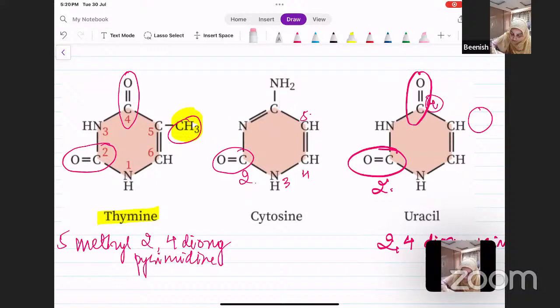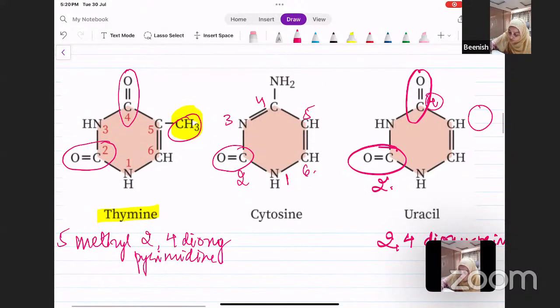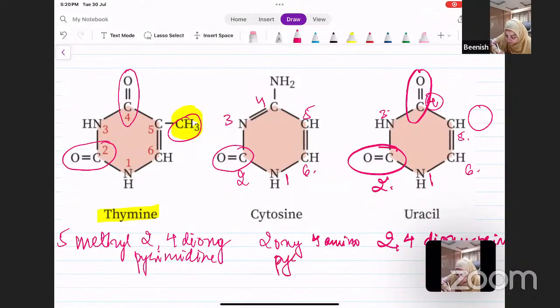Here, sorry, the numbering is from here. Okay, 1, 2, 3, 4, 5, and 6. This is the correct numbering. So your cytosine is 2-oxy, 4-amino pyrimidine.